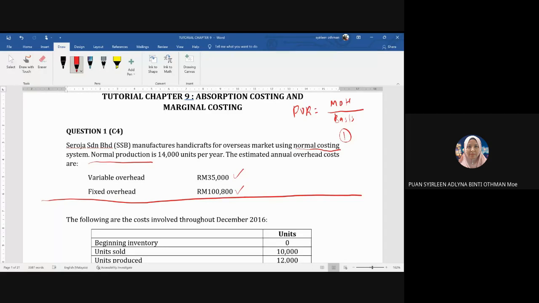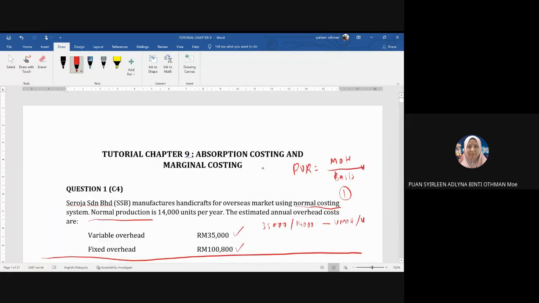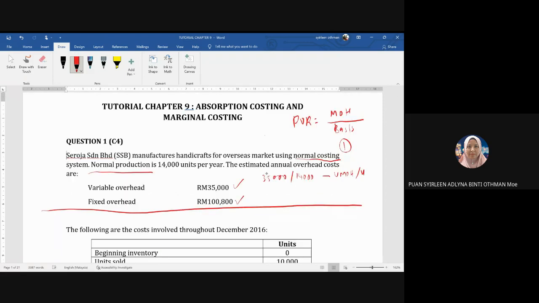Okay, so I am going to use 35,000 divide by 14,000 untuk dapatkan cost untuk variable MOH per unit, dan madam akan guna 100 divide by 14,000 as well untuk madam kira fix MOH per unit. So ini yang kita akan guna dalam pengiraan cost seunit barang nanti.